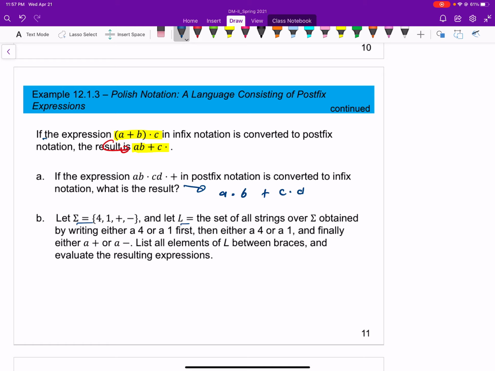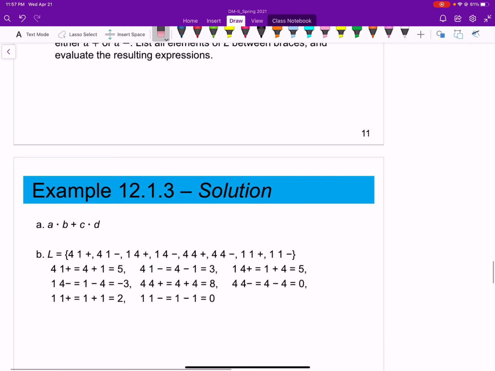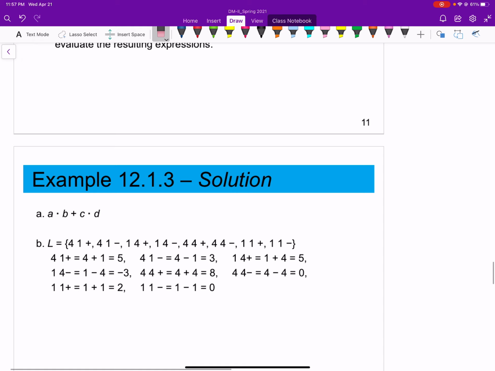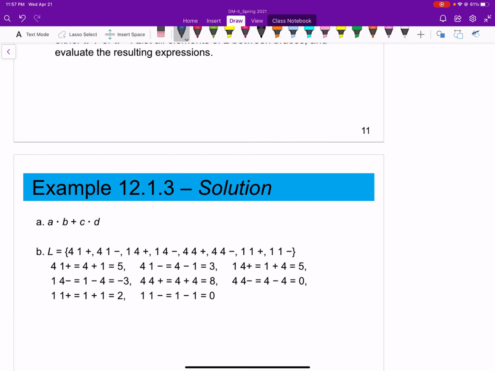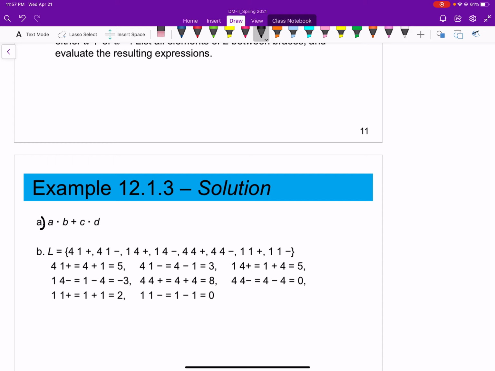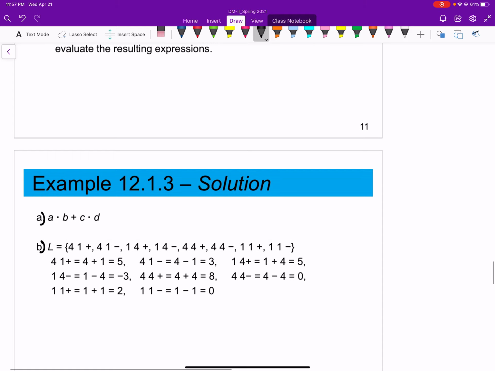List all elements of L between braces and evaluate the resulting expressions. This is easy, and I'm going to explain it in the next slide. So this is the solution for the first part, and that is the solution for the second part.